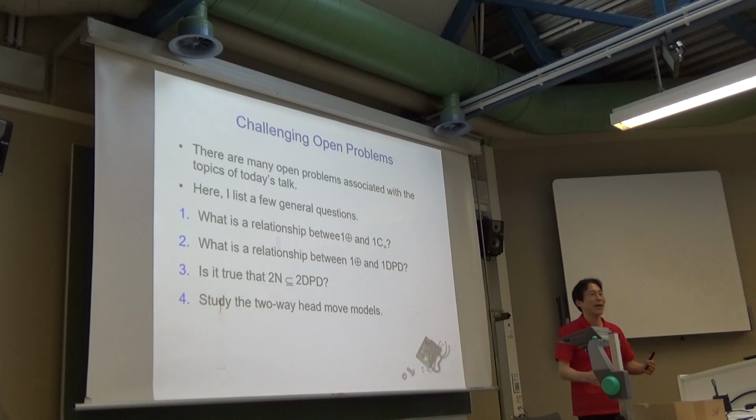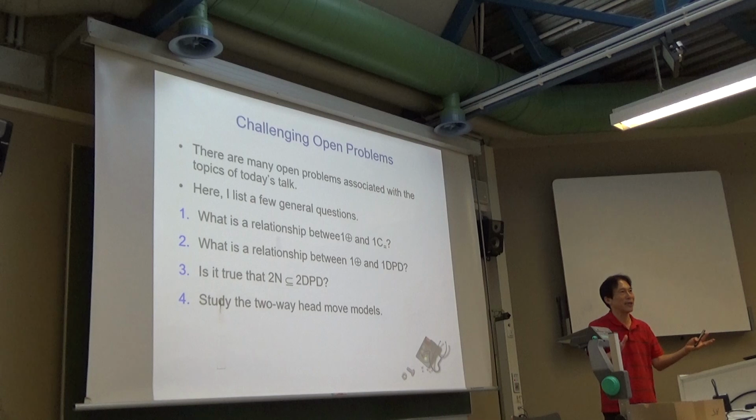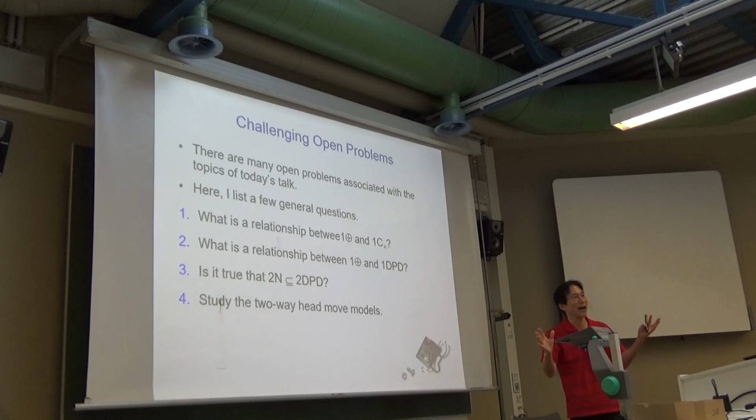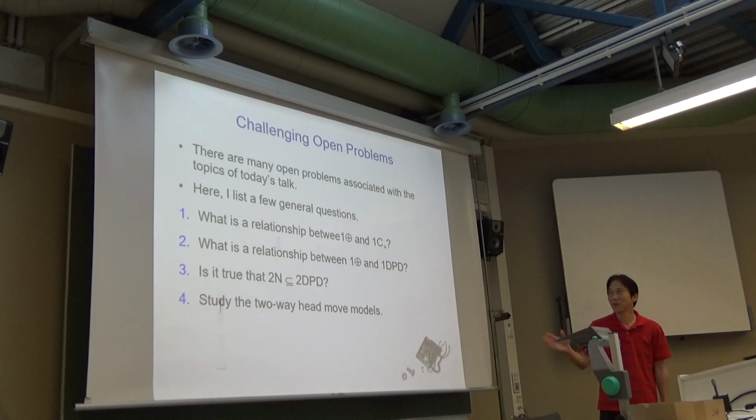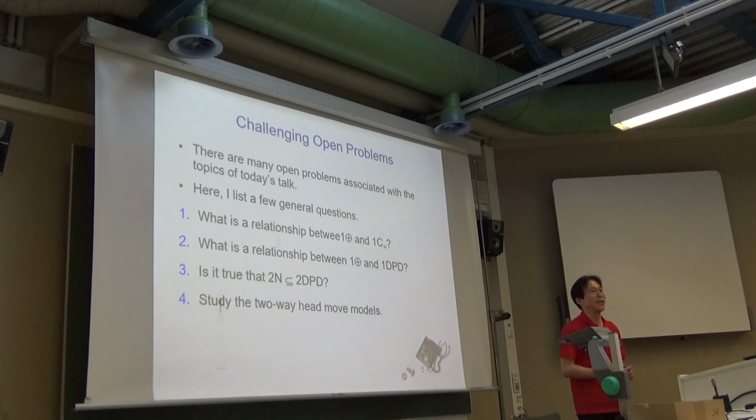I just stress that finite automata seem to be so easy. A lot of people think, particularly people working on polynomial time complexity in practice, that finite automata seem to be so easy, but they are not. Discussing findings and results associated with finite automata is a really good thing. Thank you very much.